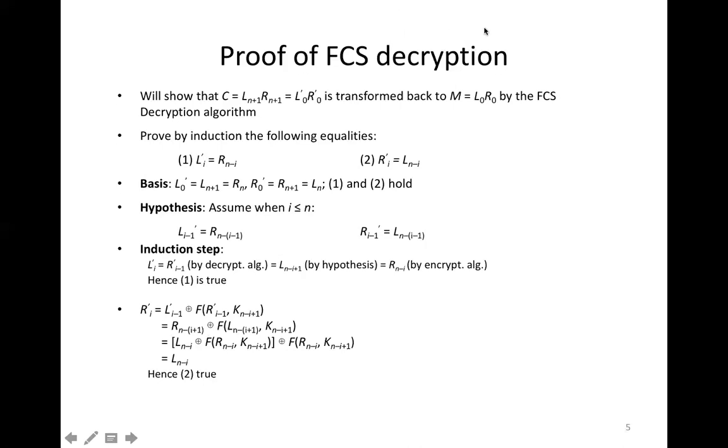I'll make a correction here. There is no parentheses, so just n minus i plus 1.